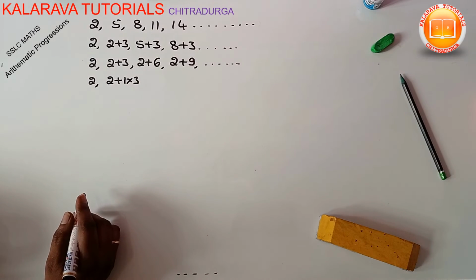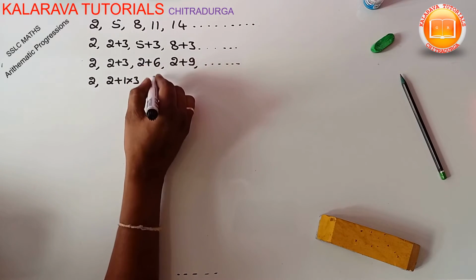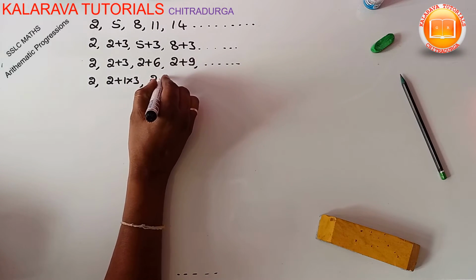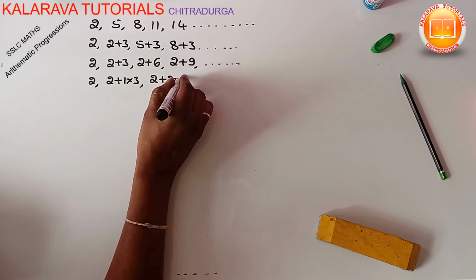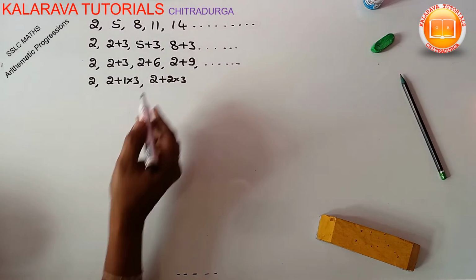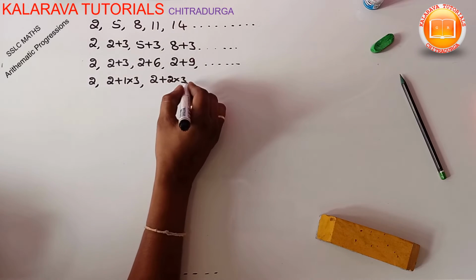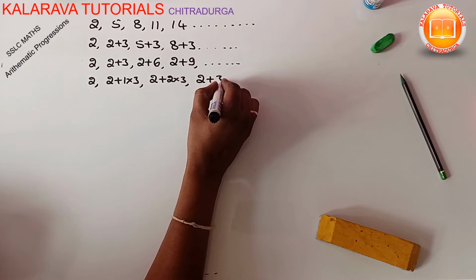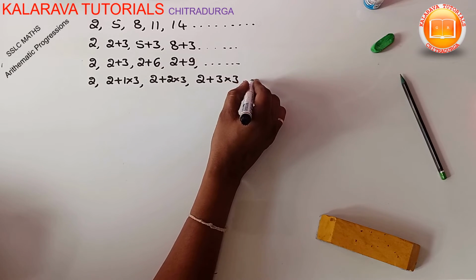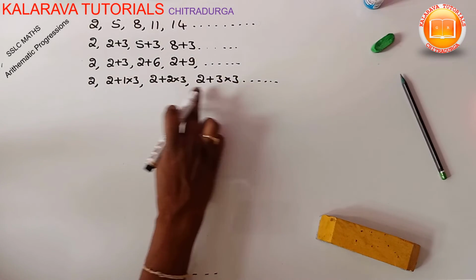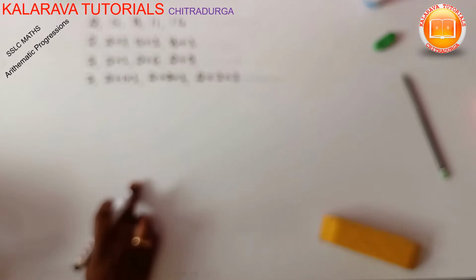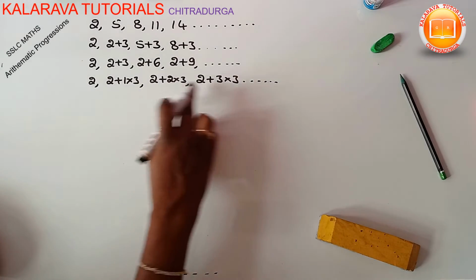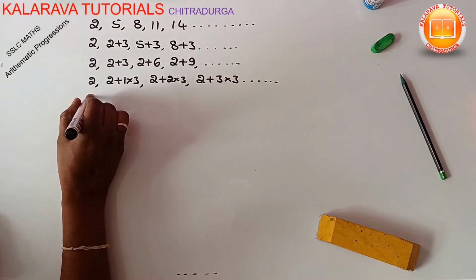In the third term we add 2 times the fixed number. In the fourth term we add 3 times the fixed number. So we add multiples of the fixed number. Now we conclude this.